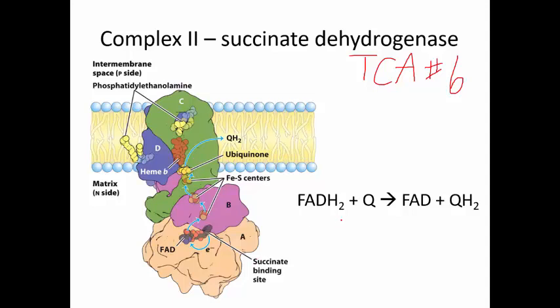So actually what's happening is this is both an enzyme in the TCA cycle as well as an enzyme in the respiratory chain. We could have easily just said that that enzyme, instead of saying it made FADH2, actually made QH2, but that's just not how it's normally said, so that's why I didn't do that.